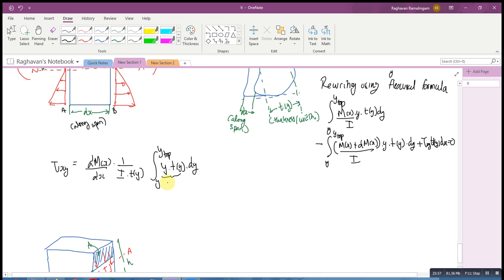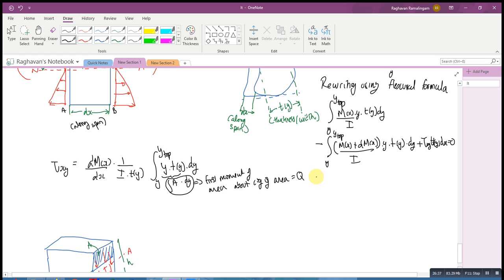So this is something like saying integral of y dA, which is actually nothing but the first moment of area about the Cg of area. So this whole thing is the first moment of the area about the Cg. I can just give it another name. It can be called Q.